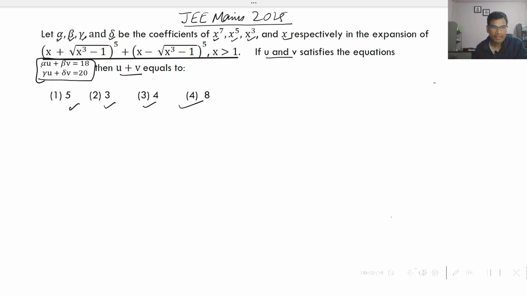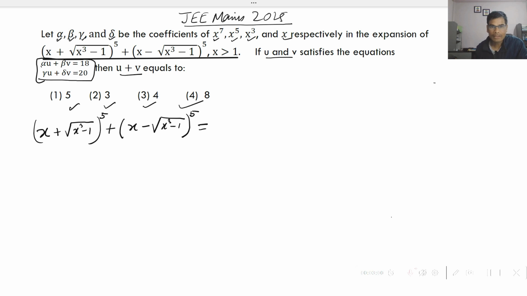So first let us write this expression, that is x plus square root of x cubed minus 1, this whole thing raised to the power 5, plus the second term, x minus square root of x cubed minus 1, again whole thing raised to the power 5.